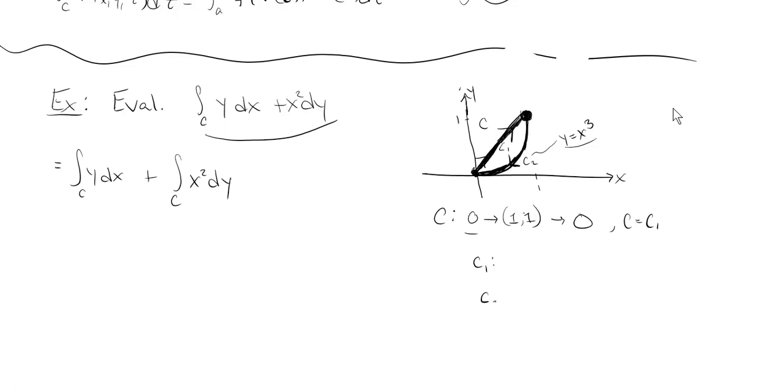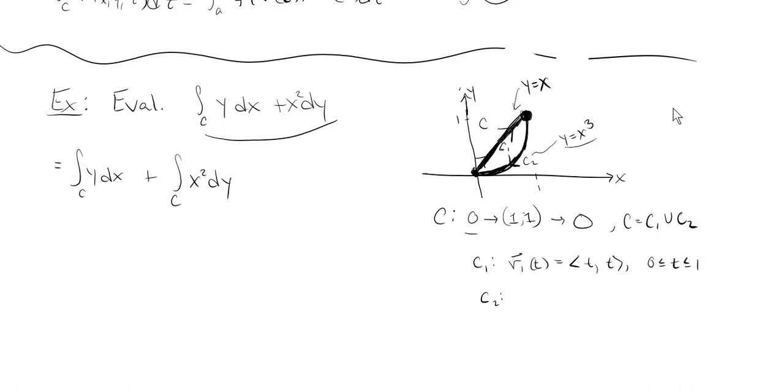C1 and C2 will need to be parameterized separately. So let's first parameterize C1, this straight line segment that goes from the origin to 1, 1, so the equation of that line must be y equals x. How are we going to do our parameterization? Let's just make x equal t, where t goes from 0 to 1.